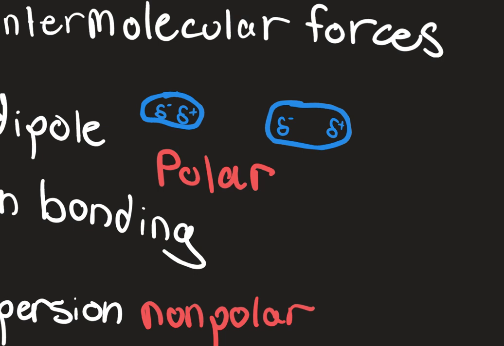Those partial charges are going to be attracted to each other. That partial positive is going to be attracted to that partial negative. We can put another molecule in, and those are going to be attracted to each other.